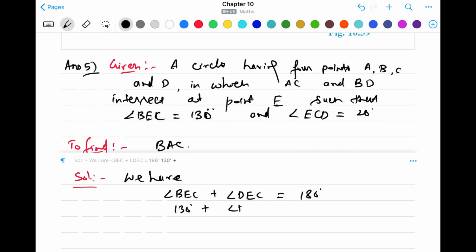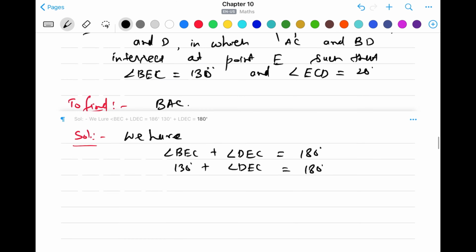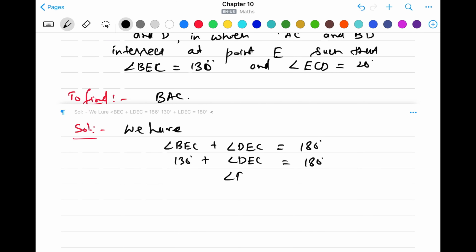BEC is given as 130 degrees, so angle DEC equals 180 degrees minus 130 degrees, or DEC will be equal to 50 degrees.